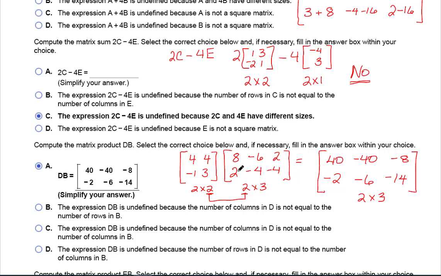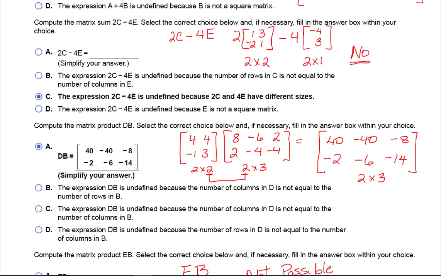And so it's simply matrix multiplication. 4 times 8 is 32, plus 8 more, and we get 40. So similarly, you just get each of the elements by going rows of D times columns of B. So that is defined.